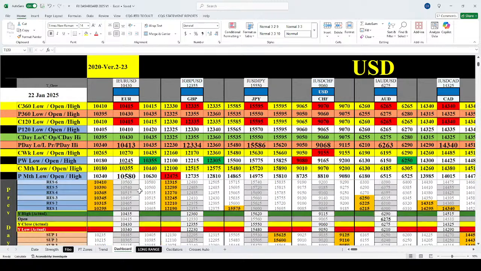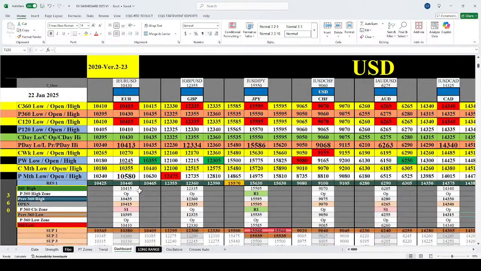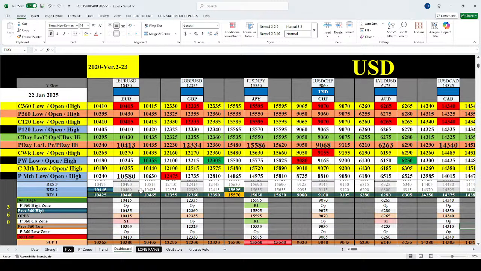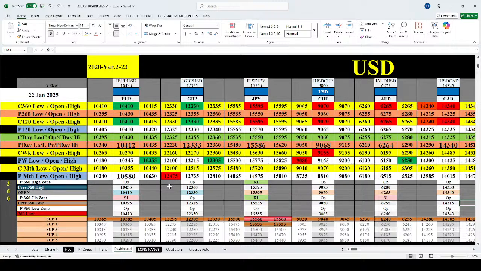That should be the level to buy and hold. Then if your 104.35 breaks, we can see 465 and 480.